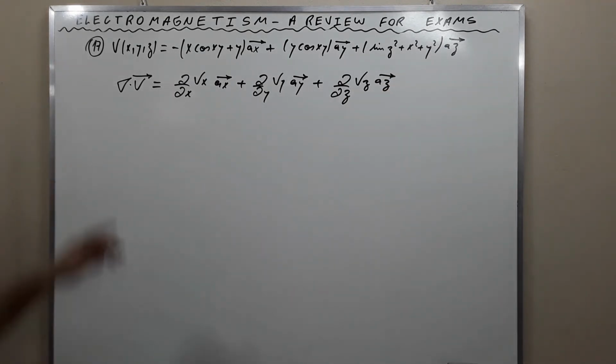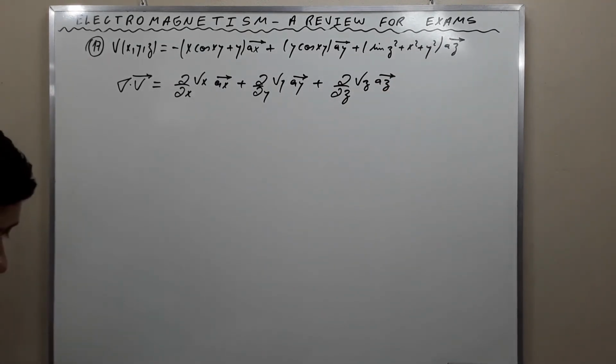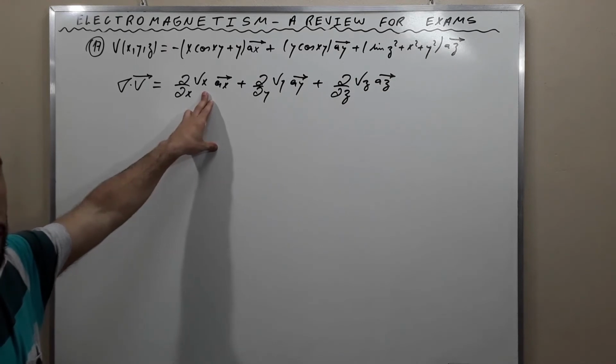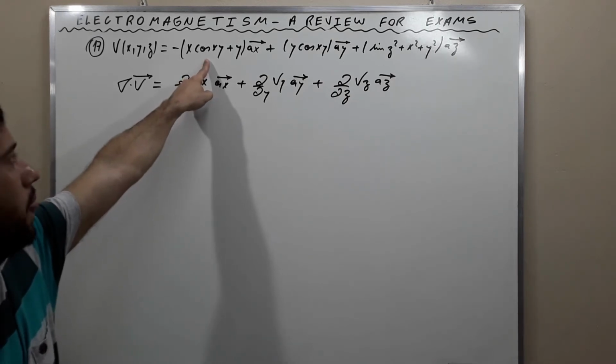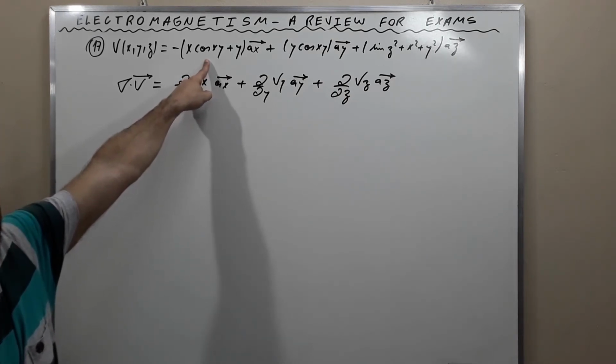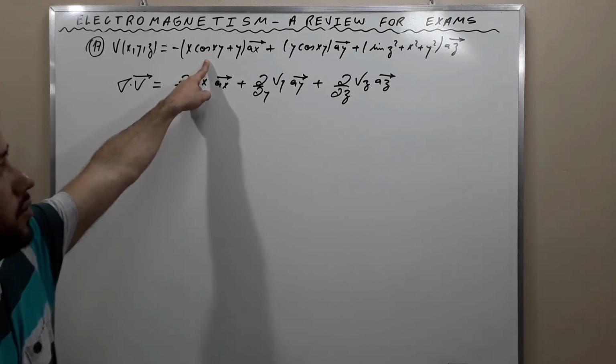And the divergence of this can be calculated by applying this. What is the component of this vector field in the x direction? Is this. Okay? All we need to do is to differentiate this with respect to x.